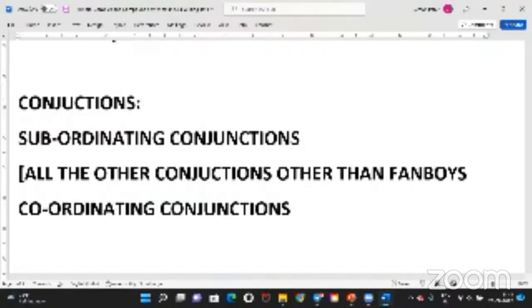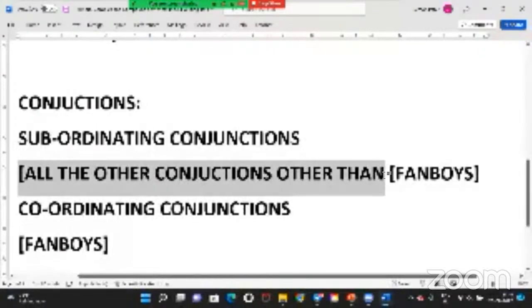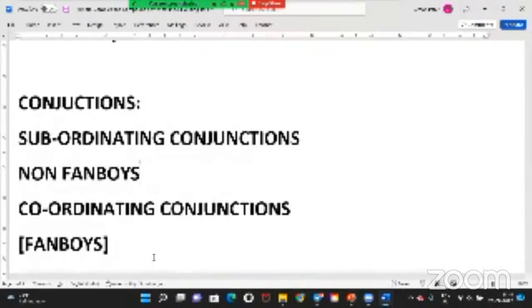Now, what are these fanboys? Coordinating conjunctions are all the conjunctions which are there in fanboys. These are fanboys and those are non-fanboys. You can say just in one word, non-fanboys. Now, what are these fanboys and what are these non-fanboys? Okay, now let us see.